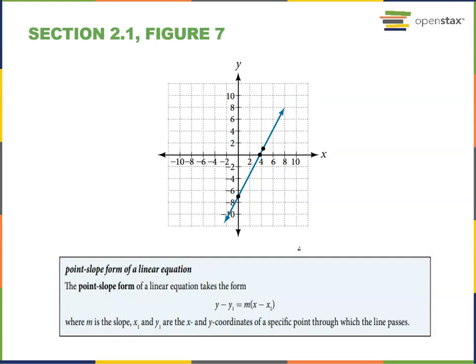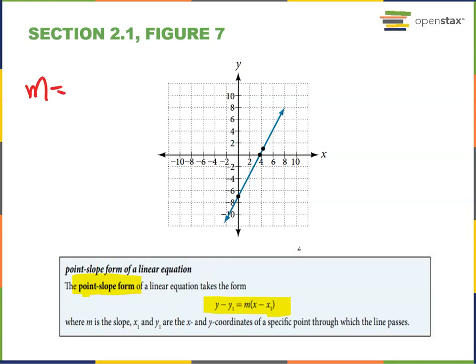Next one, point slope form. The point slope form of a linear equation takes the form y minus y1 equals m times x minus x1, where m is the slope and x1, y1 are the x and y coordinates of a specific point through which the line passes. So let's have this example here. What is our slope here? Rise over run.